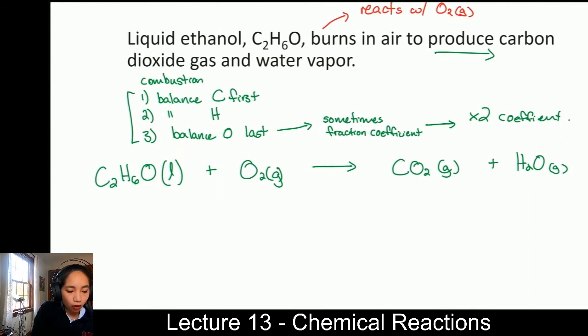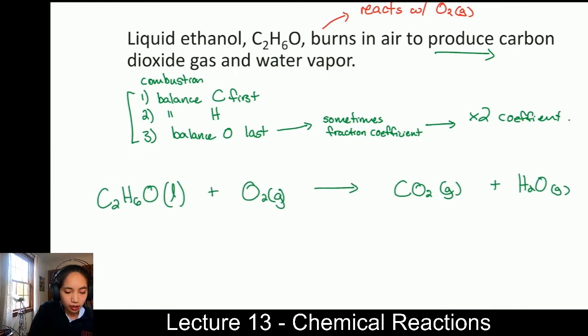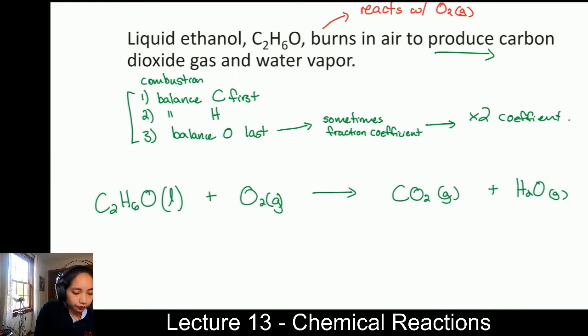Okay, so let's go ahead and balance those atoms. I'm going to look at carbons first. There are 2 carbons in ethanol, so I'm going to put a 2 coefficient in front of CO2. So now the carbons are balanced. Now if we look at hydrogen, there are 6 hydrogens, and water has 2 hydrogens per molecule.